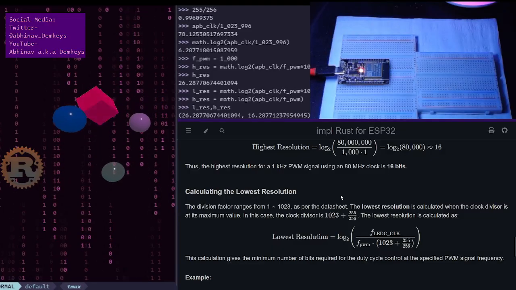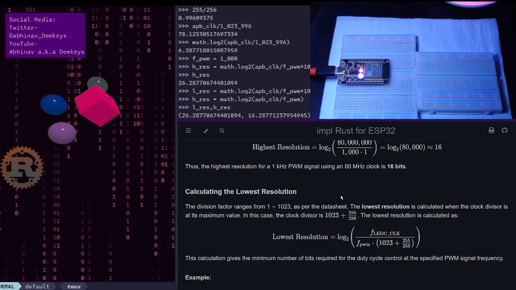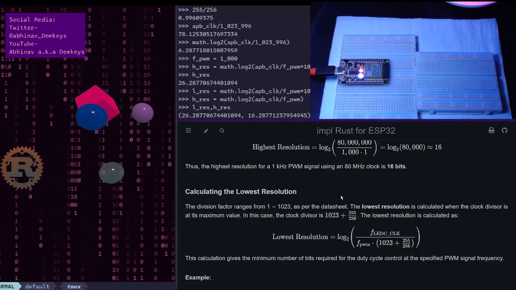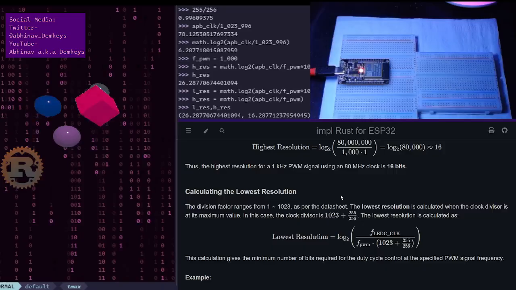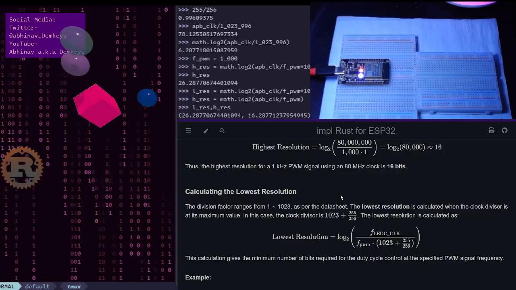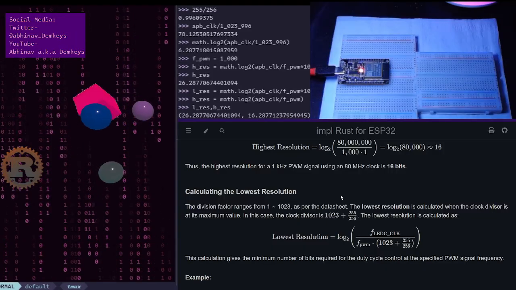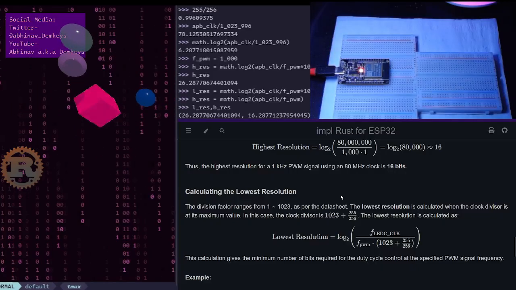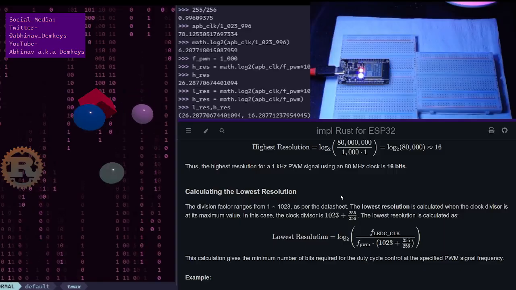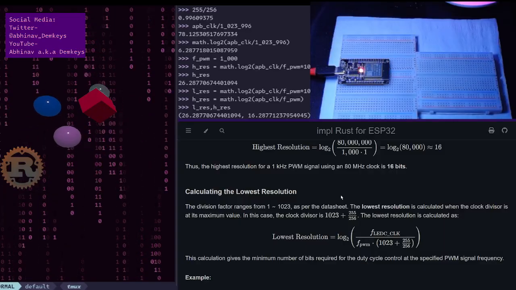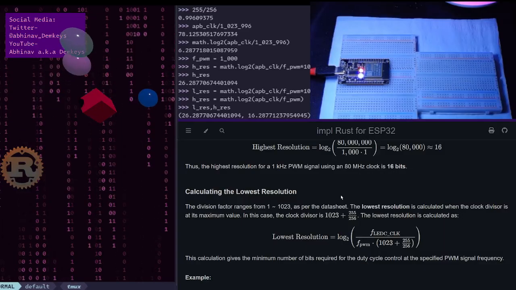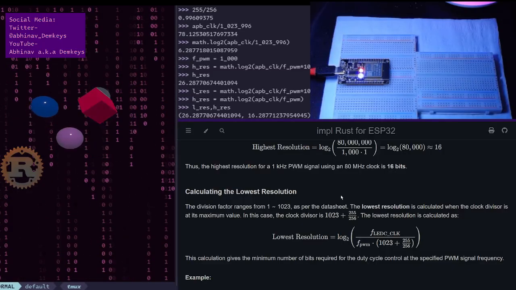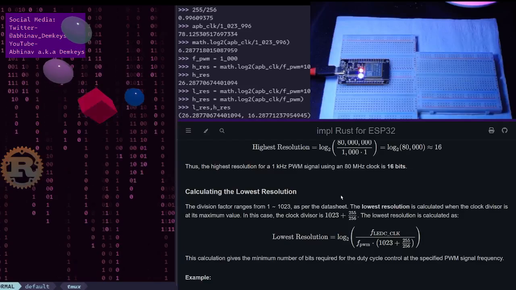Okay, the relationship between frequency and resolution. This is a fundamental physical trade-off in microcontrollers. As the PWM frequency goes up, the available resolution goes down. Think of a single PWM cycle as a bucket of time. I get this. Okay, mathematically, you likely arrived at that by using a different clock source or a different divisor.